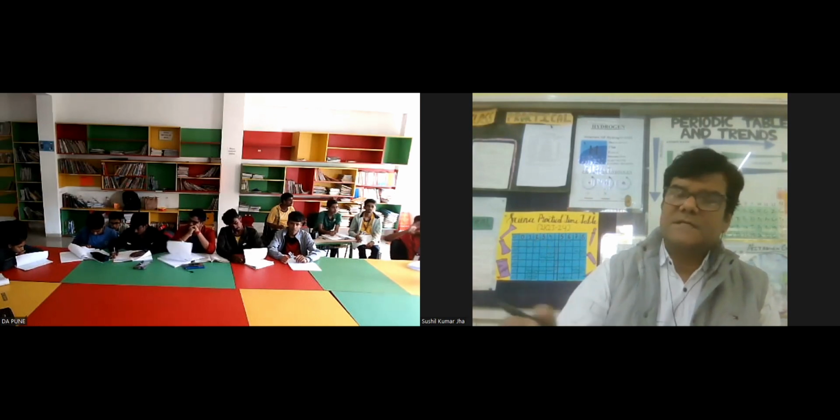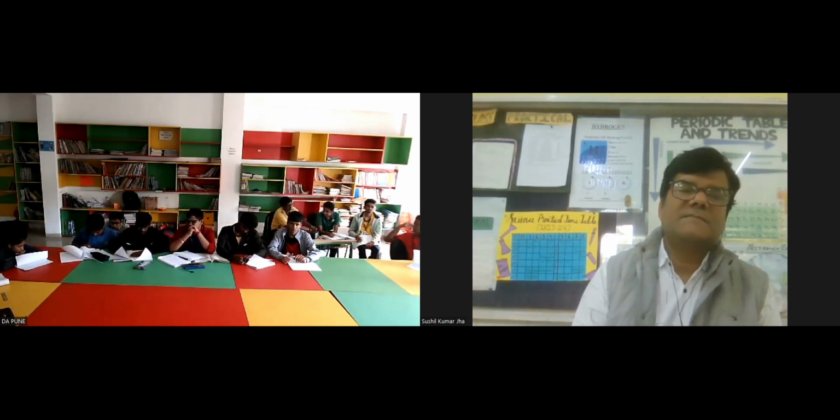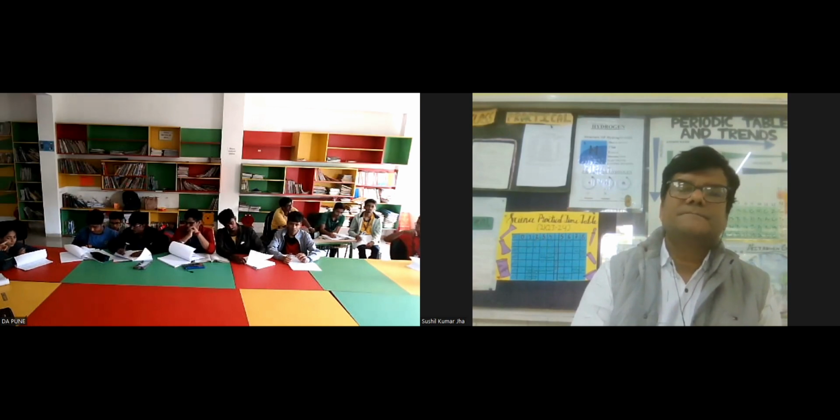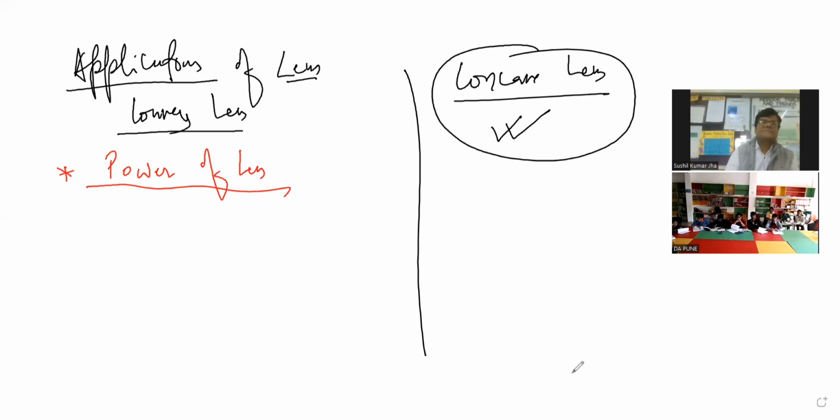Basically, its measurement is the reciprocal of focal length mathematically. Power P is equal to 1 upon F. Fine.